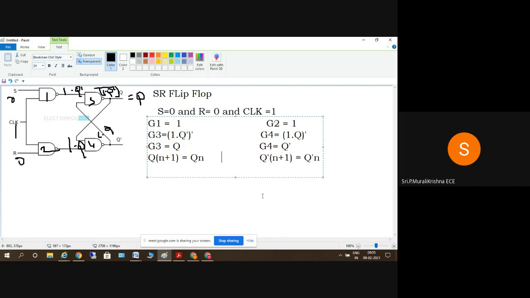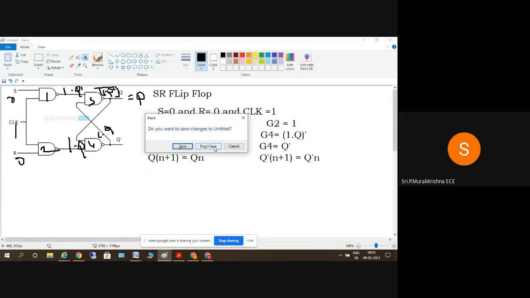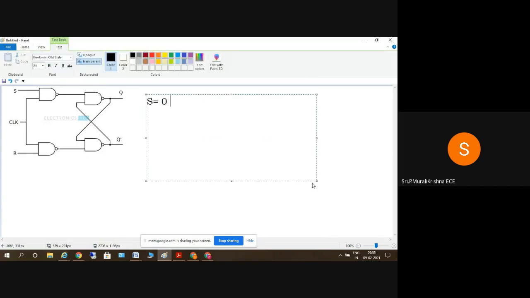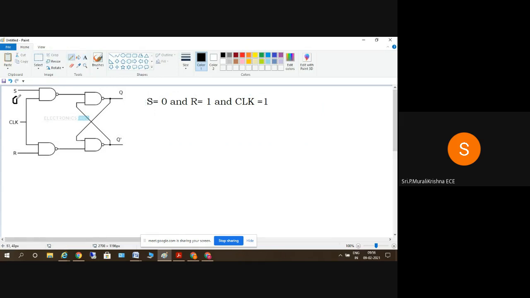Next, we have to check the next case: S is equal to 0 and R is equal to 1, and clock is equal to 1. Consider this case here.